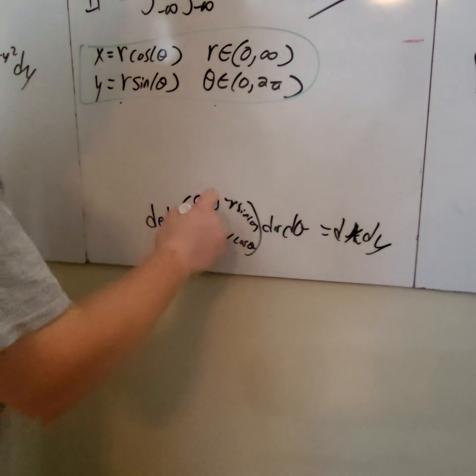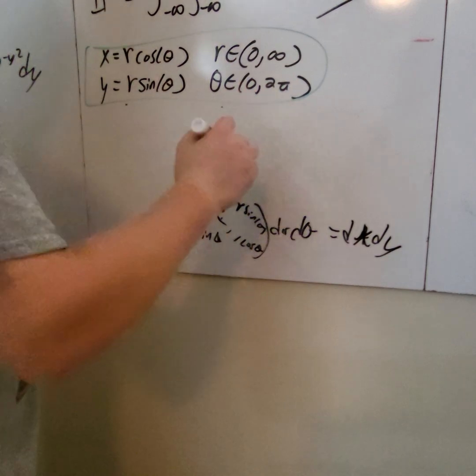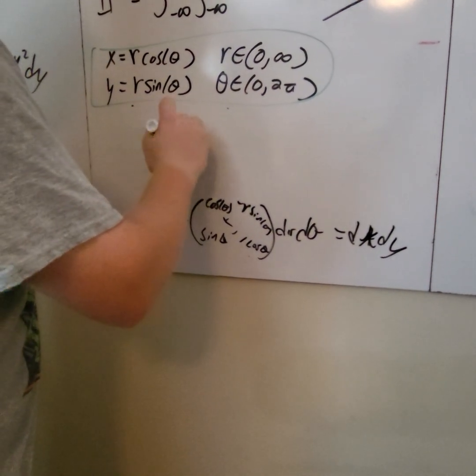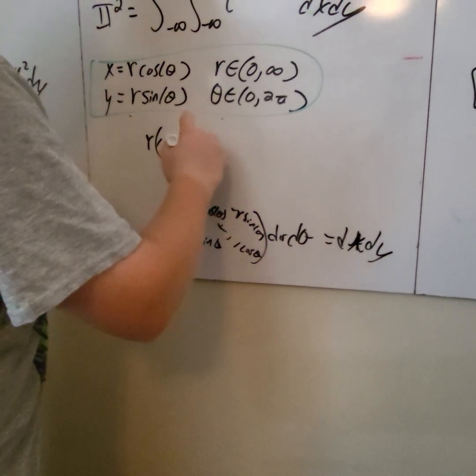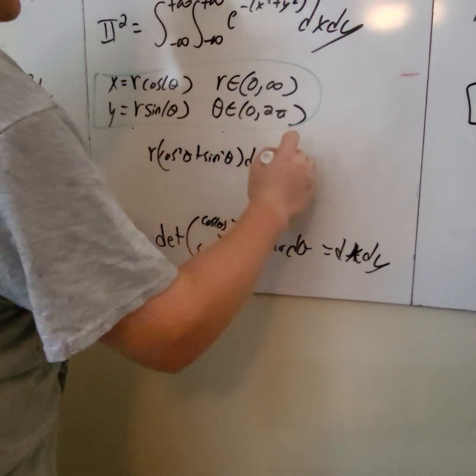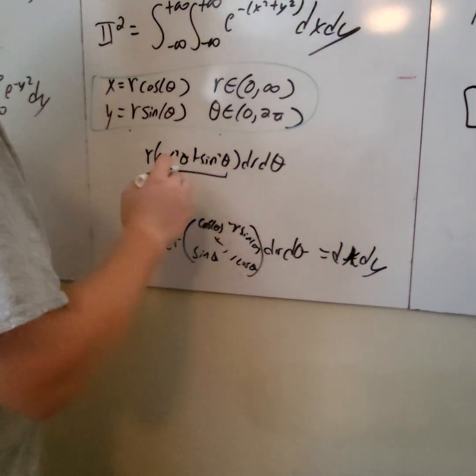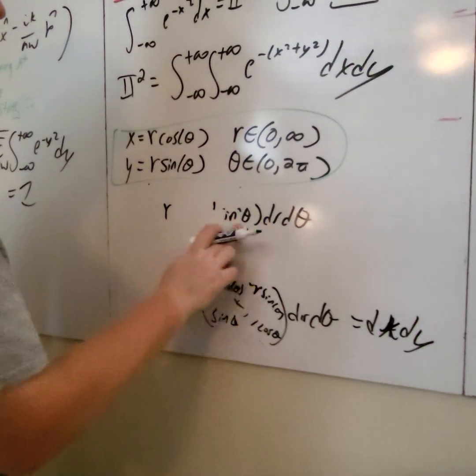Now to take its determinant, you multiply both sides together and then subtract the other cross. So r cosine squared of theta, the negative signs cancel, plus r sine squared of theta, dr d theta. And those are just equal to r, because cosine squared plus sine squared of anything is just 1.